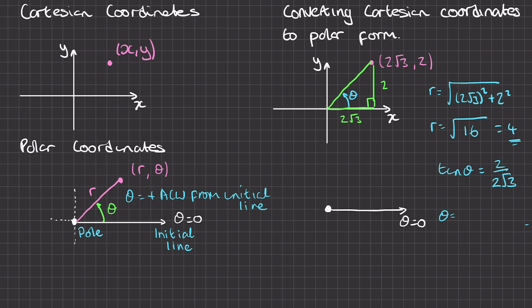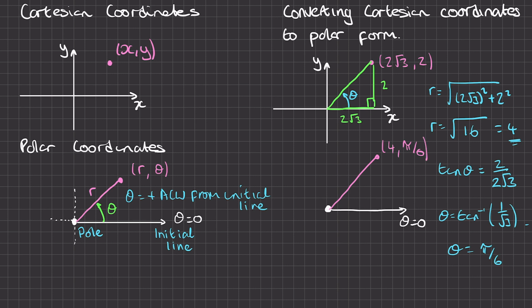So theta will be the arctan of 1 over root 3. Theta is equal to pi over 6. So now we have the radius and theta. Our polar coordinates will be 4 and pi over 6. Okay?